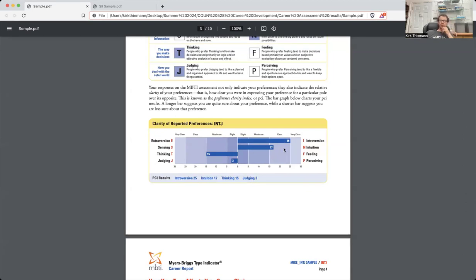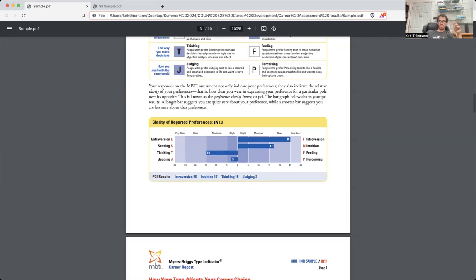For sensing and intuition, the preference for intuition is clear, but close to moderate. With thinking and feeling, it's in that moderate to clear range. But for judging, there's only a slight preference. That means this person is pretty versatile and can be pretty flexible in how they deal with the outer world. As it says here, they can be spontaneous and open to options, open to receiving more information.